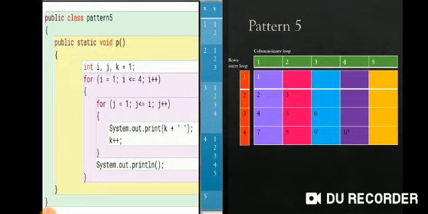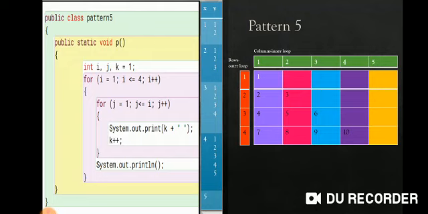When it becomes 4, it prints the value 10, because k plus plus is only encountered once it goes inside the inner loop. It prints 10, it increments j.